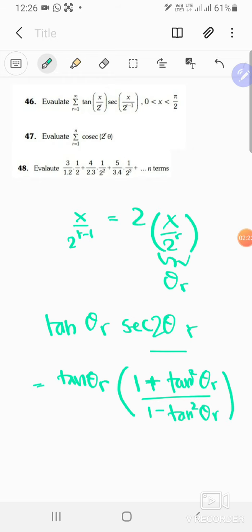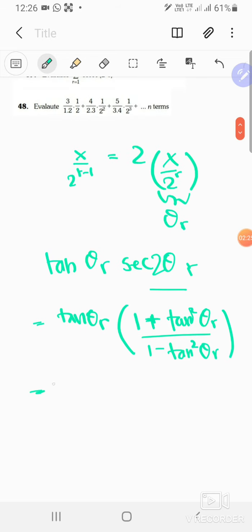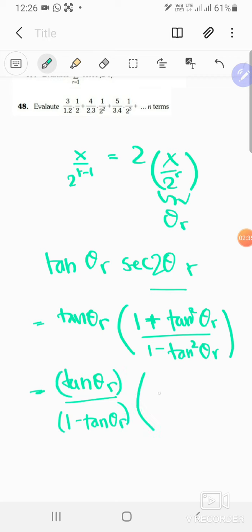So in that case, maybe we can apply tan theta r upon 1 minus tan theta r into 1 plus tan squared of theta r upon 1 plus tan theta r, right? So why did I do this? Because this is almost like what we did in the last video.